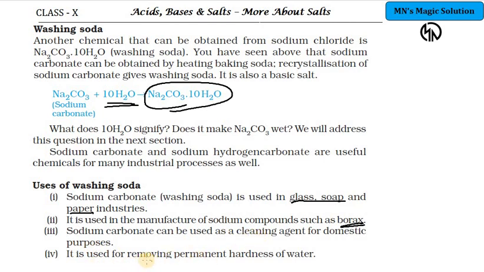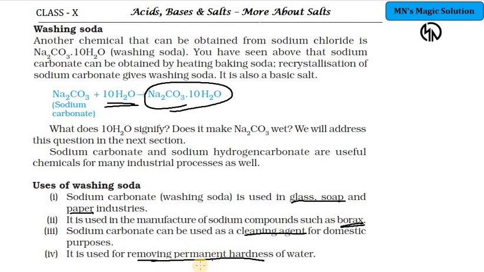It is used for removing permanent hardness of water. As a cleaning agent for domestic purposes, you know already that we use washing soda for cleaning at home, right? It is also used for removing permanent hardness of water. Salt water present in our houses works well with detergents and washing soda, but soap will not work well with it. This is because washing soda can easily remove the permanent hardness of water, and thereby the clothes can be washed properly.